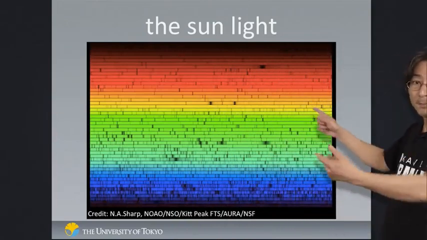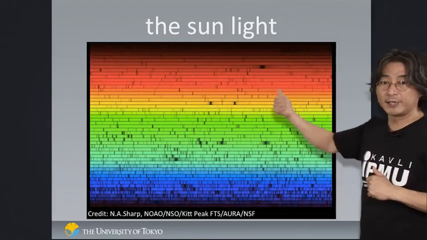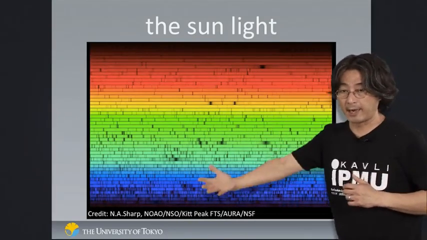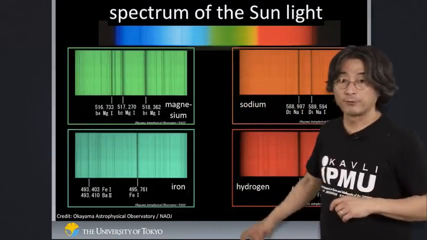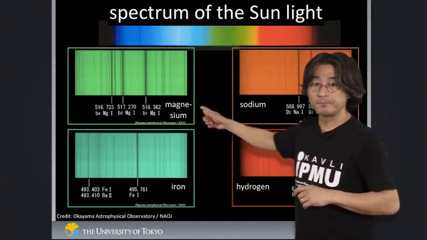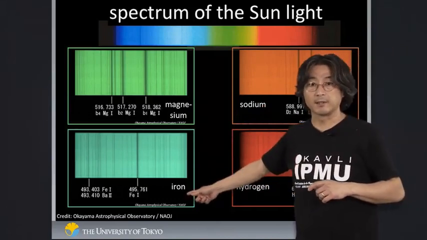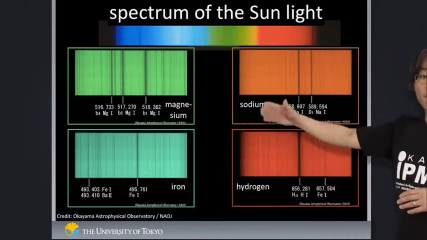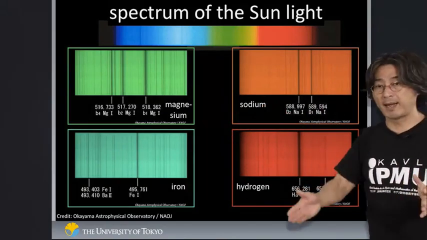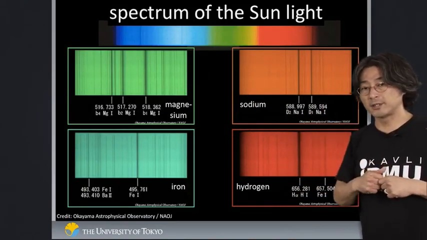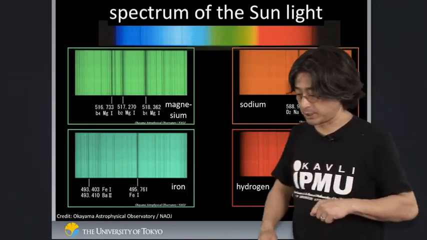If you blow it up, you see many of these lines, and you can identify each one with a particular chemical element, which you can study in the laboratory. For example, this is magnesium, this is sodium, hydrogen, and iron. All of them have lines in different colors in different locations. So knowing these black absorption lines in the sun, you can tell exactly which line corresponds to which chemical element.